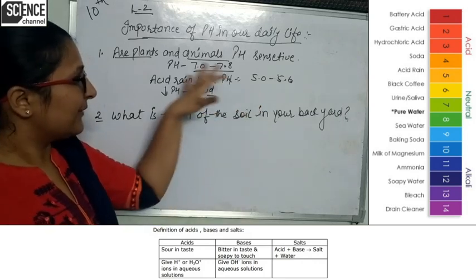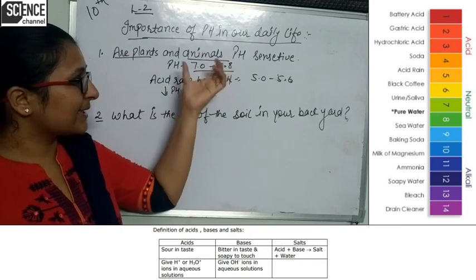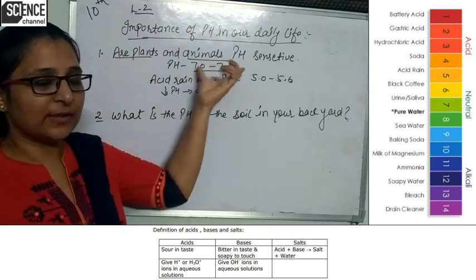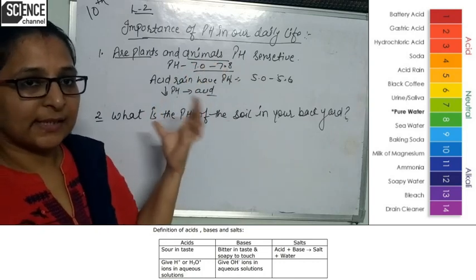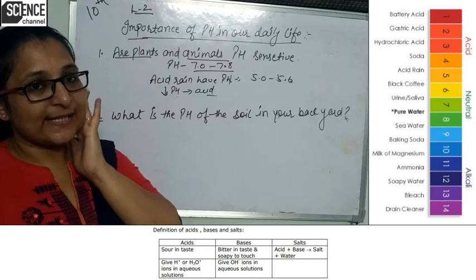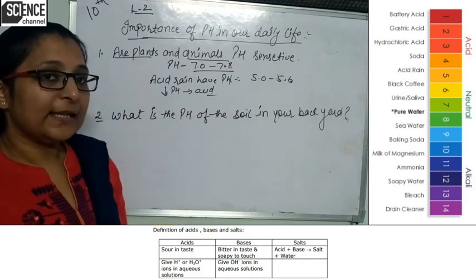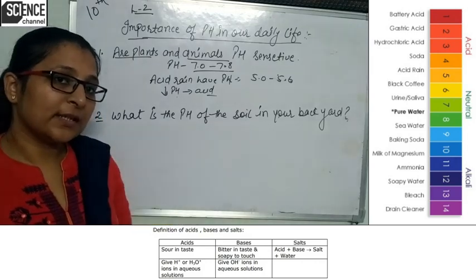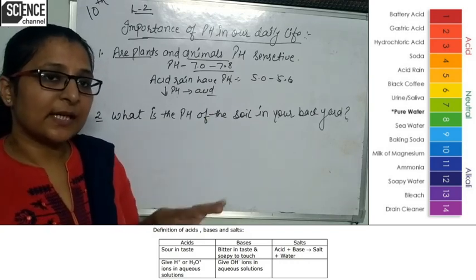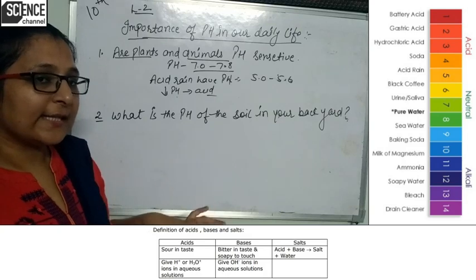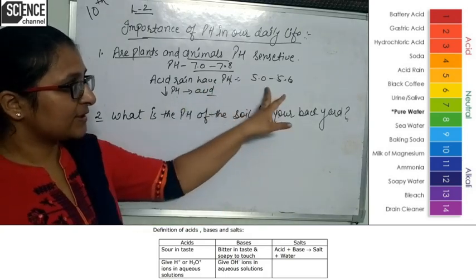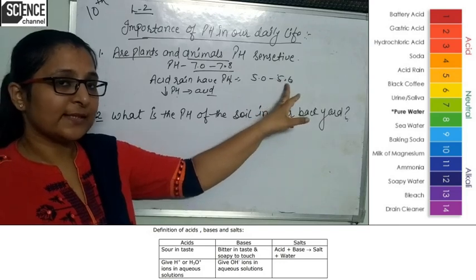Understand this topic? Firstly, plants and animals have a pH range of 7 to 7.8. They live in this specific pH range. But if the rain is very acidic, it means a lot of pollution is there, and it has a large amount of acid. That acidic rain has a pH value of about 5 to 5.6.